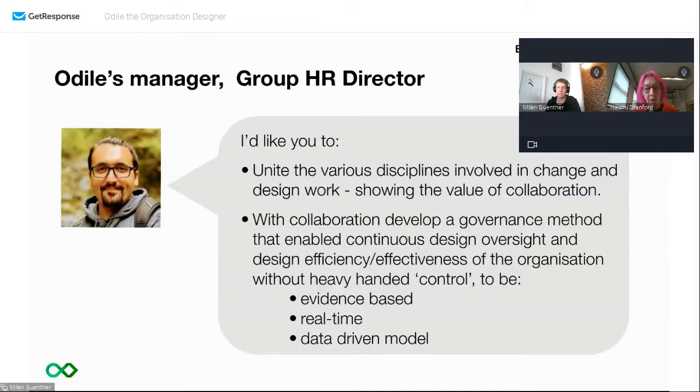The second issue in most organizations is around the governance of an organization's design. There are often design authorities for defined projects. Now, that isn't the same as a governance model for the whole design of the whole organization.